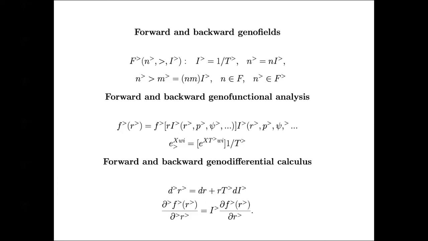The next level is the systematic study of the Gano-functional analysis. It showed the Gano exponential, which is the same as the iso exponential, but there is now a direction of time. And finally, and most importantly, is the genotopic completion of the Newton-Leibniz differential calculus.